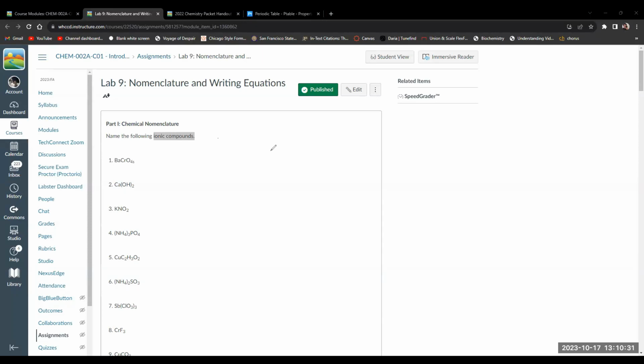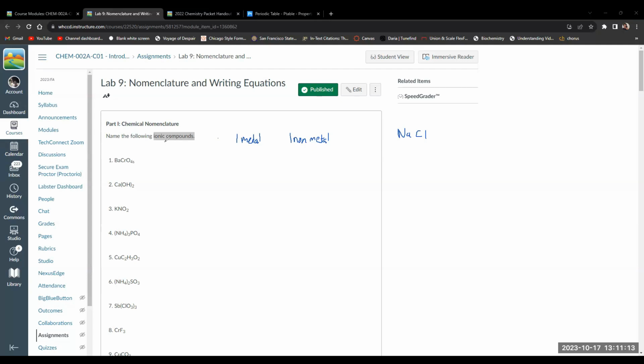So ionic compounds, at its most basic definition, means a compound that is made up of one metal and one nonmetal. One example of this could be one of the most common ionic compounds, NaCl, or sodium chloride.